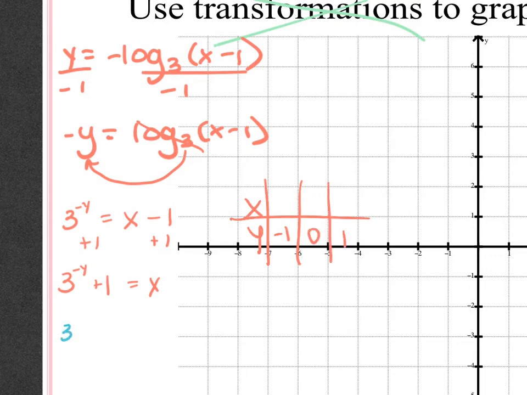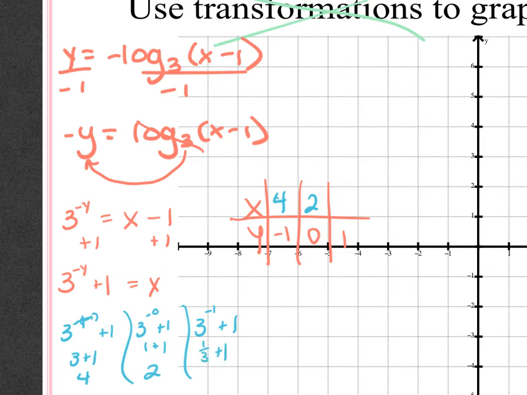So 3 to the negative negative 1 plus 1, 3 to the negative 0 plus 1, 3 to the negative 1 plus 1. This becomes 3 to the first plus 1, which is 4. This becomes 3 to the 0, which is 1, plus 1, that's 2. 3 to the negative 1, 1/3 plus 1, 1 and 1/3.